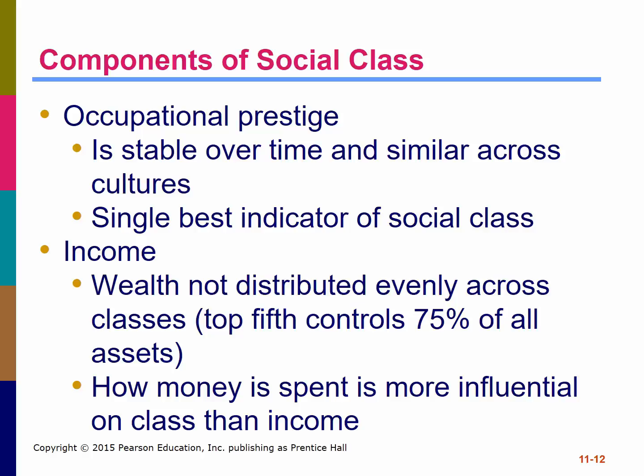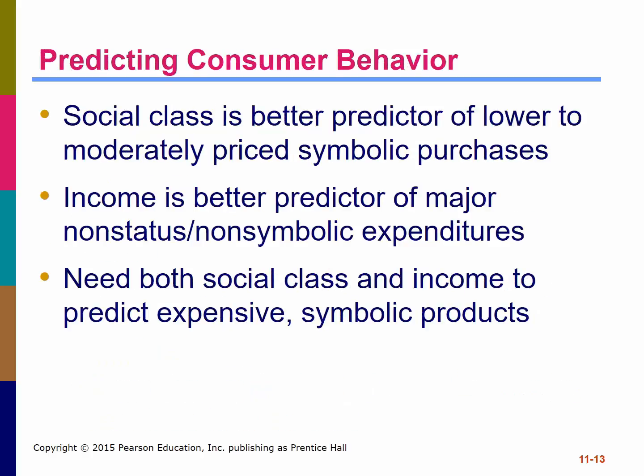The distribution of wealth determines which groups have the greatest buying power and market potential. Social class and income can be useful in predicting consumer choices, but not always.